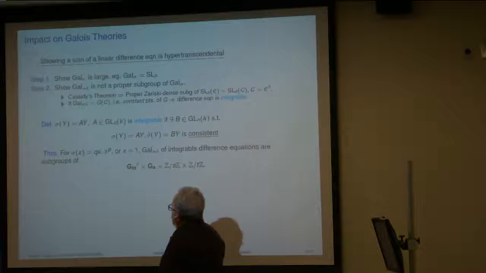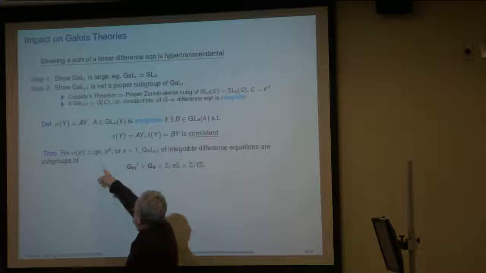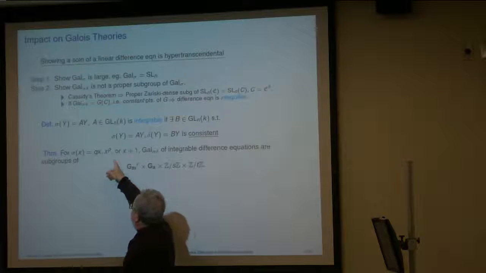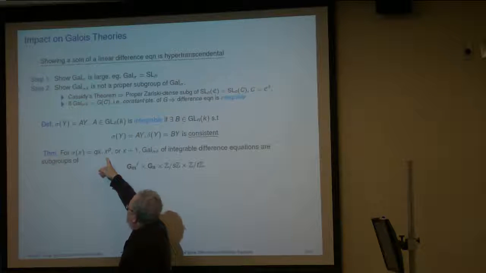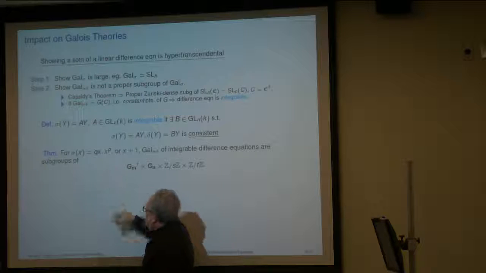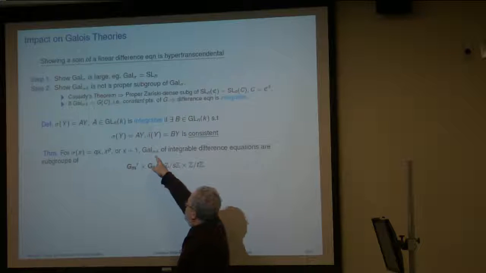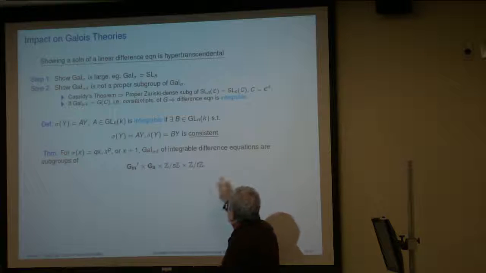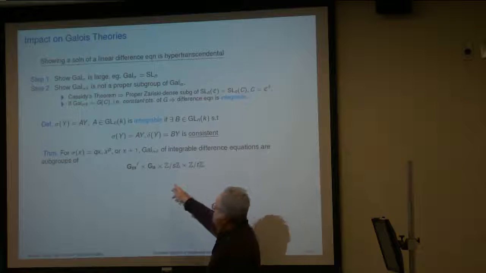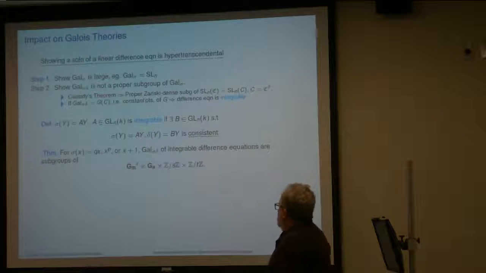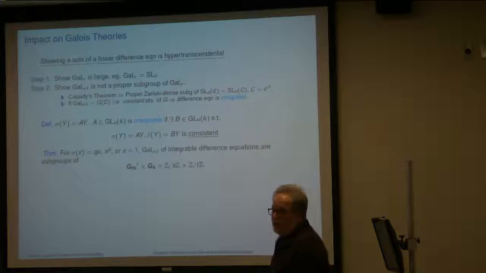Fine, here's the theorem. If you look at sigma being either any of these, either multiplication by q, the shift, or you have to be a little careful. In this case, I'm not going to go into the details. The sigma delta Galois group of integrable equations is always a subgroup of this particular group, it will be commutative.